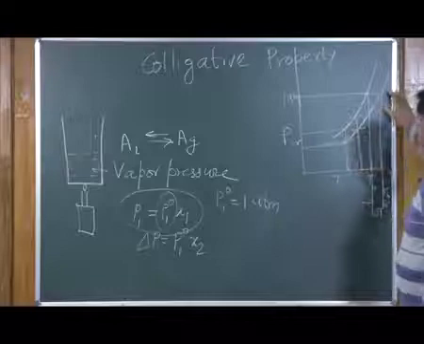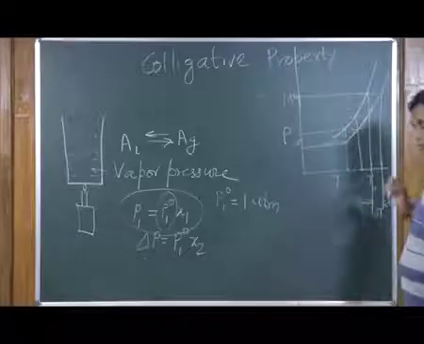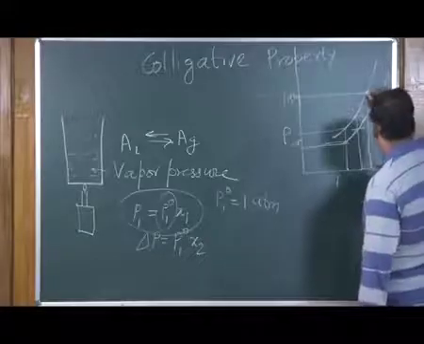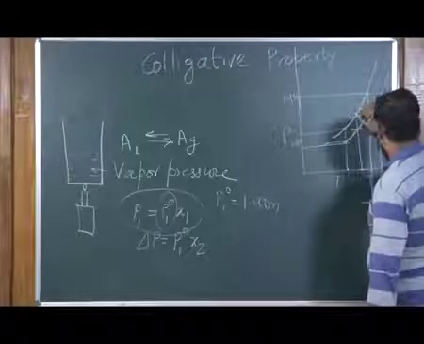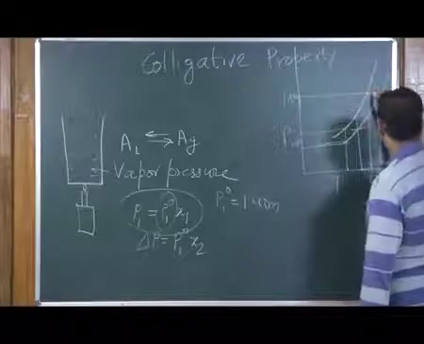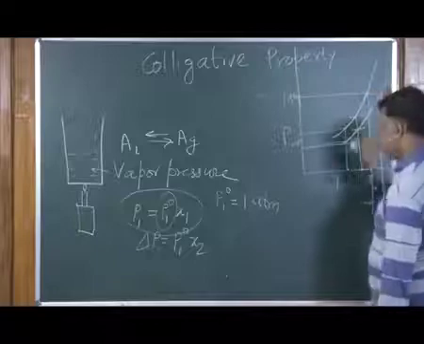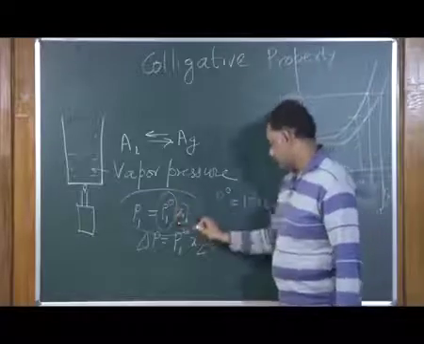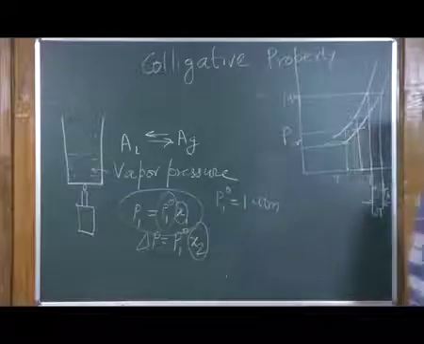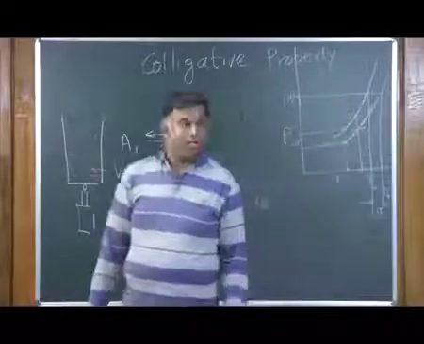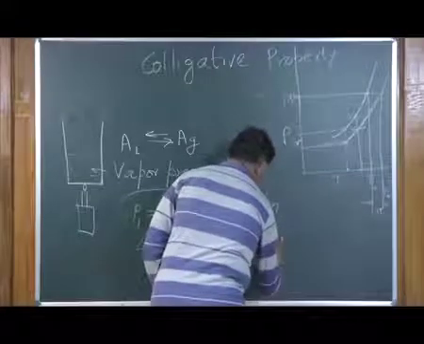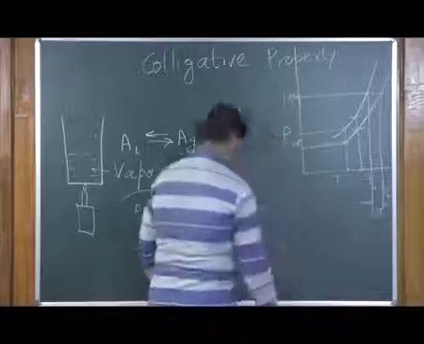This curve does not depend upon the properties of the solute at all, and the change in delta T depends upon the property of this curve, in fact, the slope of this curve at this point and this concentration. x1 and x2 are related simply by x2 is equal to 1 minus x1.